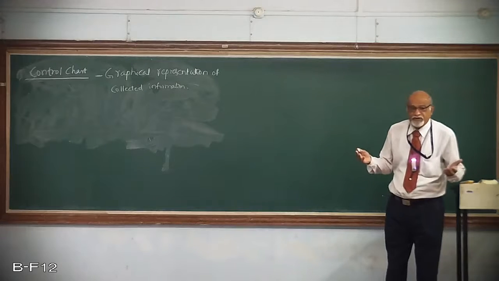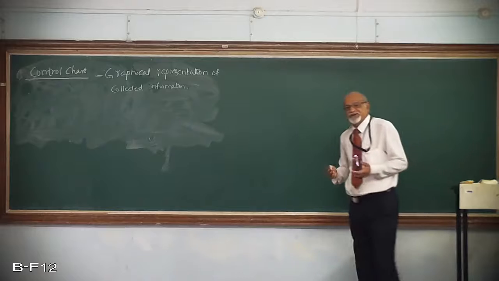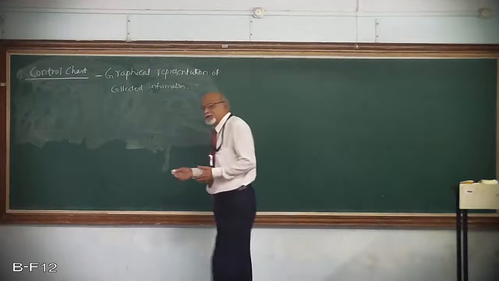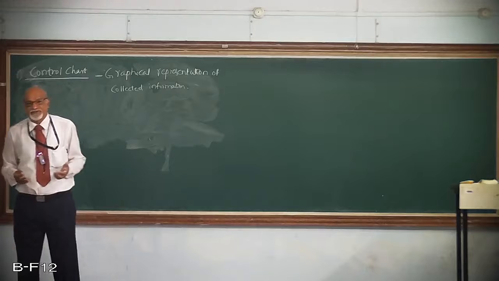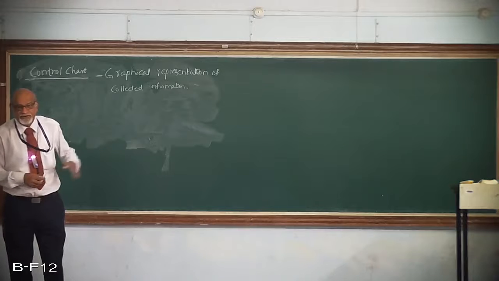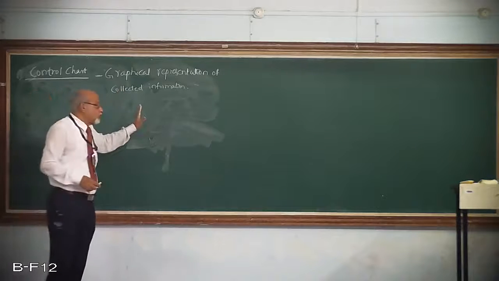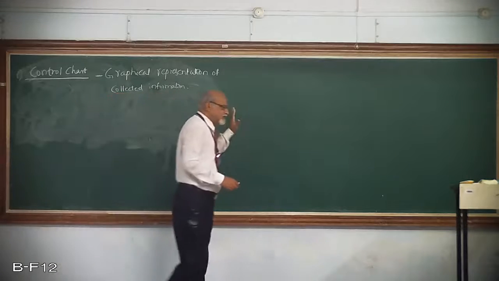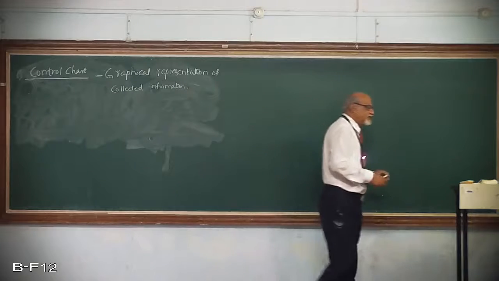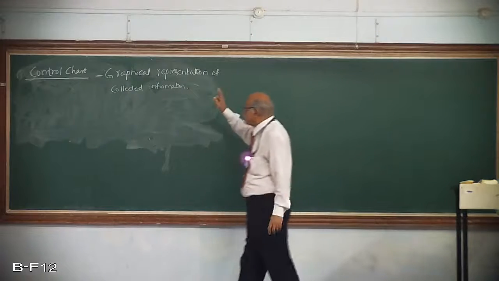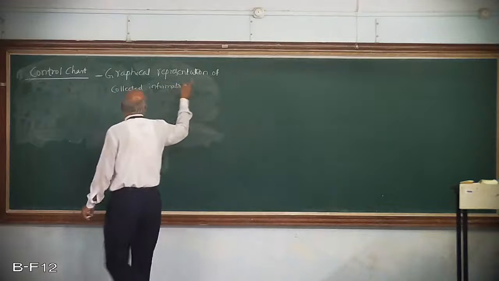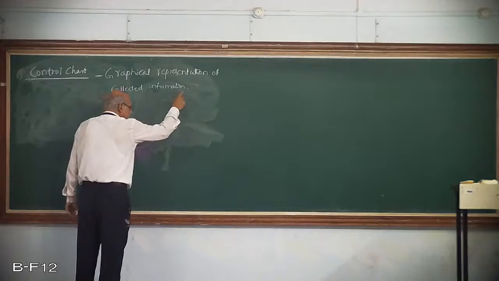We know the different types of charts. Okay? For example, bar chart, pie chart, something like that. But one more important thing is attached to that one, which is missing over here. See, this is not just a graphical representation of collected information.